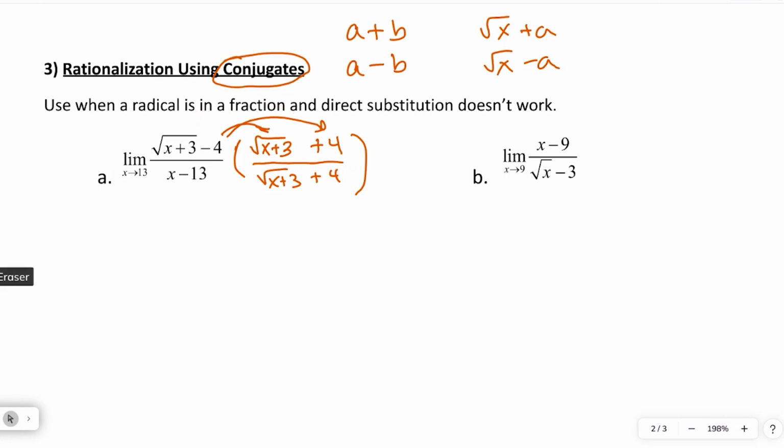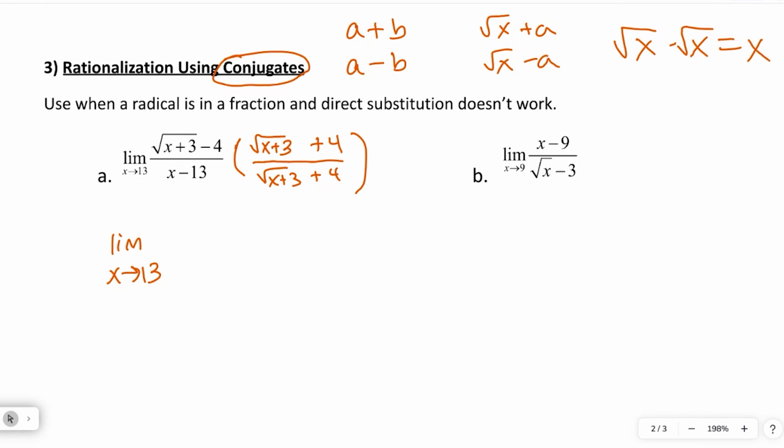But if we look at it a little closer, we just compartmentalize each of the steps. If I multiply the square root of x times the square root of x, what does that equal? X, right?